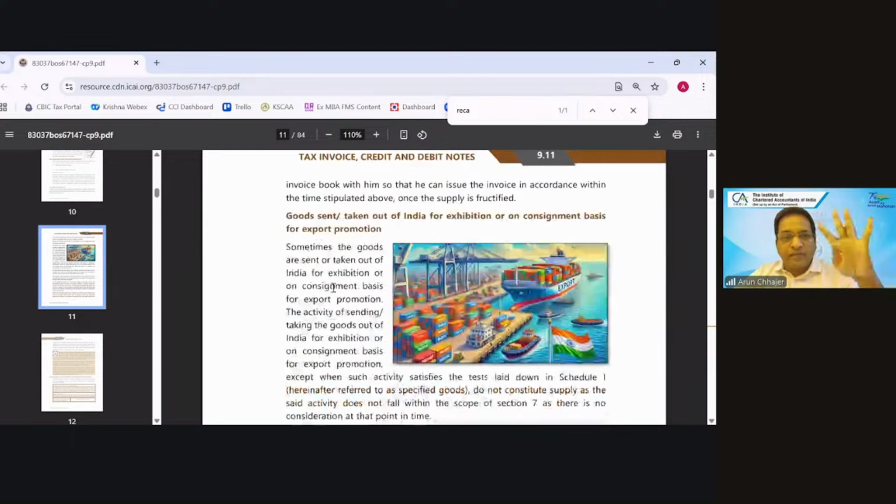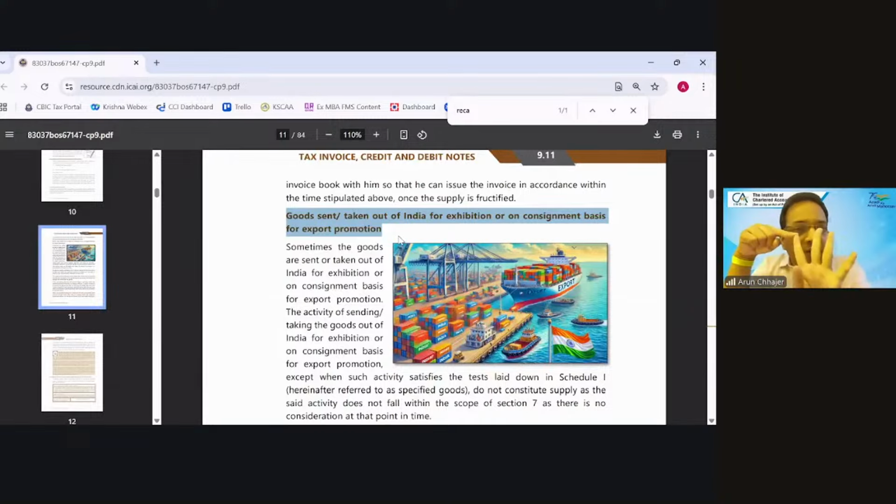So before that, let me explain the main important points of the circular. Point number 1: if it satisfies Schedule 1, then only it is a supply, otherwise it is not a supply, even though you are sending the goods out of India. Further, they are saying the time limit of 6 months will apply because of Section 31 subsection 7. If the goods are not coming back within a period of 6 months, it will be considered as deemed supply.